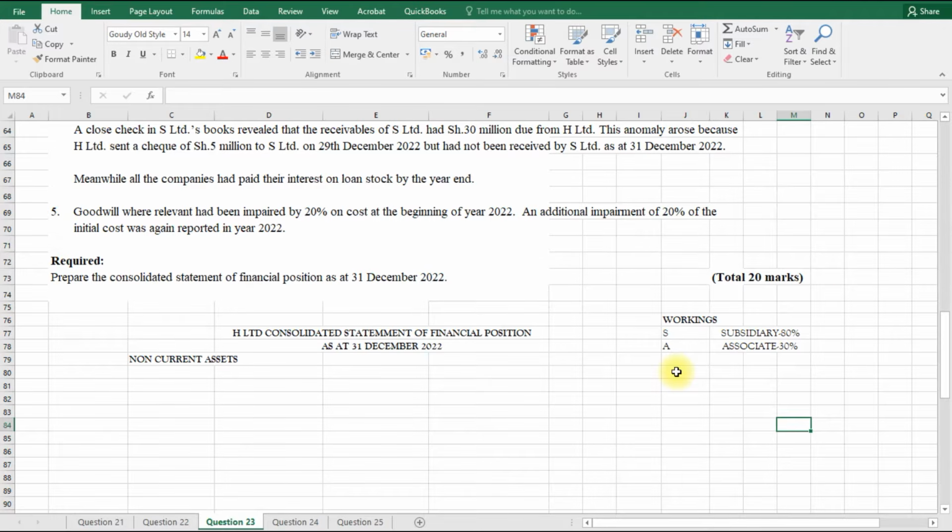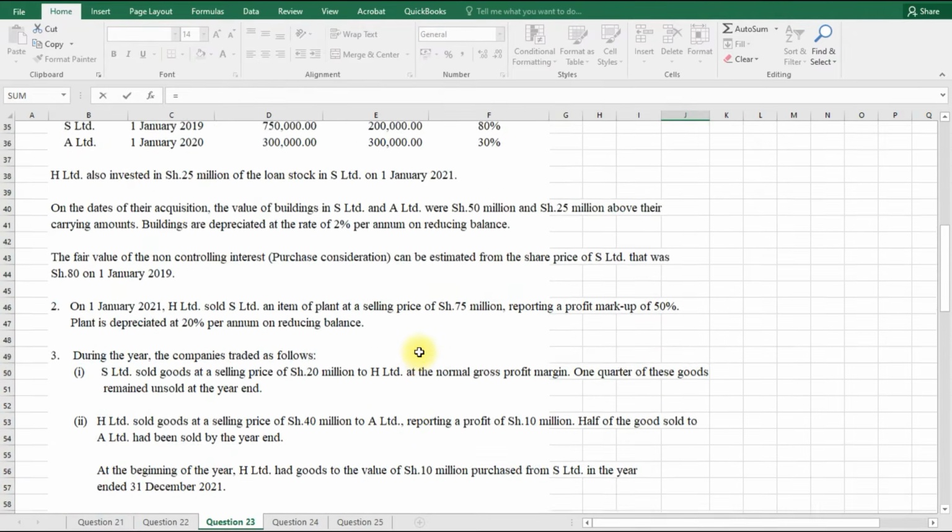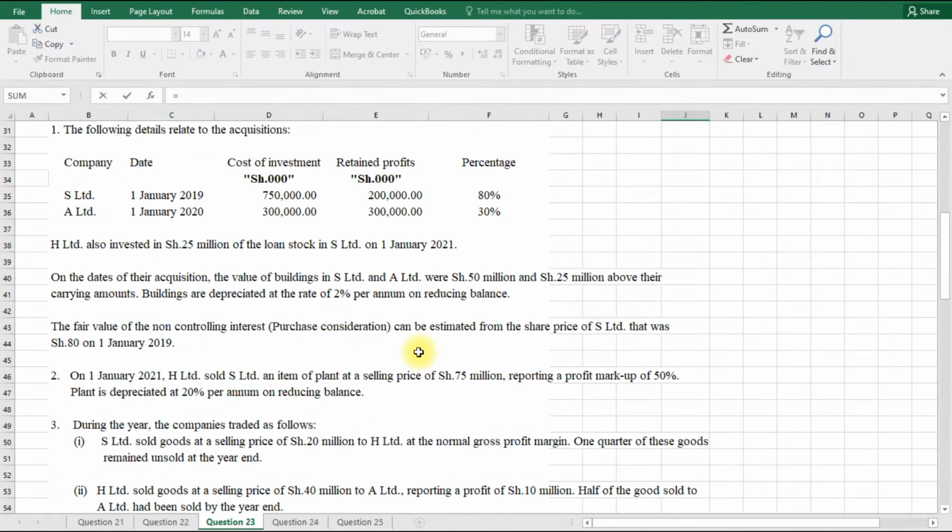And the second working that we shall be dealing with, let me deal with goodwill, calculation of goodwill of both S and A. So we calculate the goodwill for S and for A. Let me do it here, and you'll find that we shall start with the cost of investment.